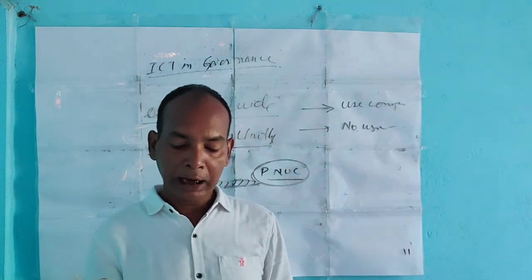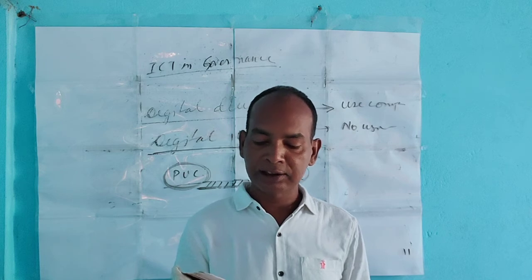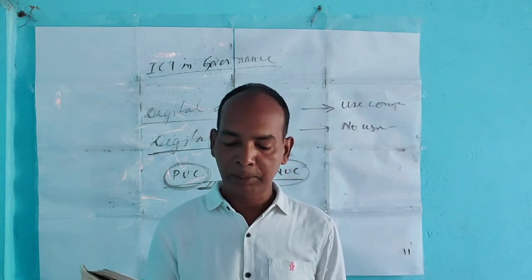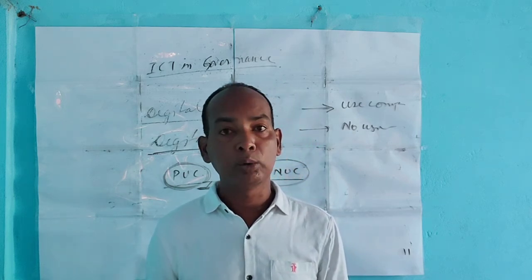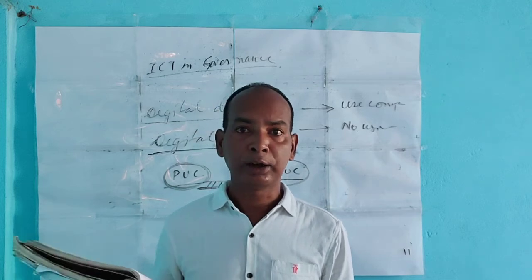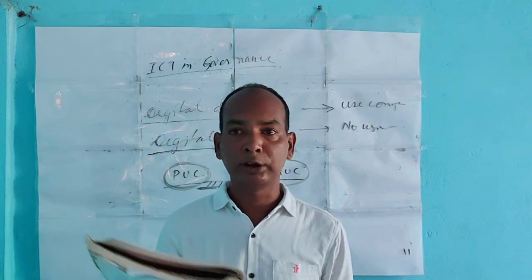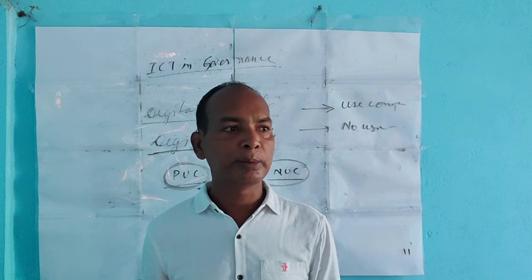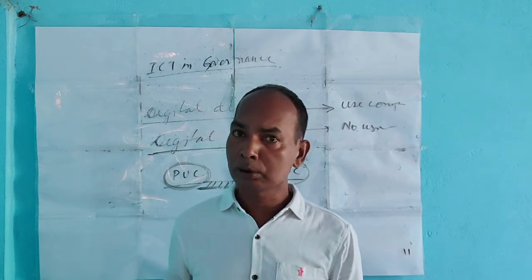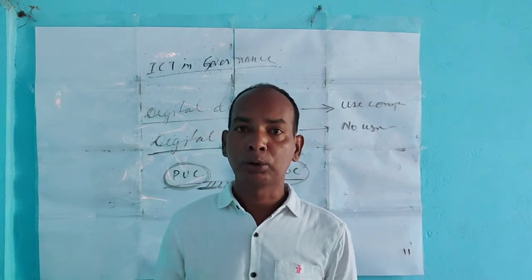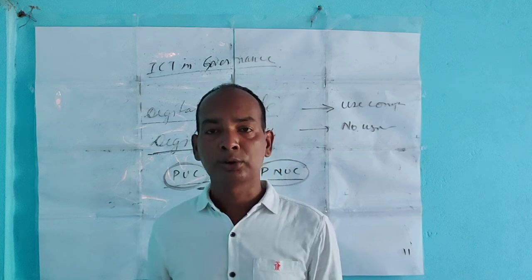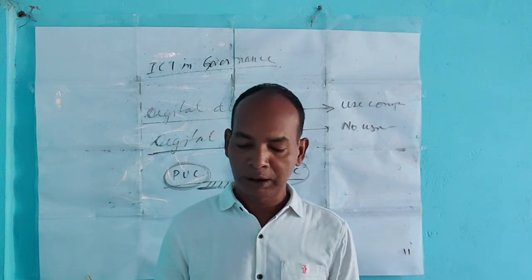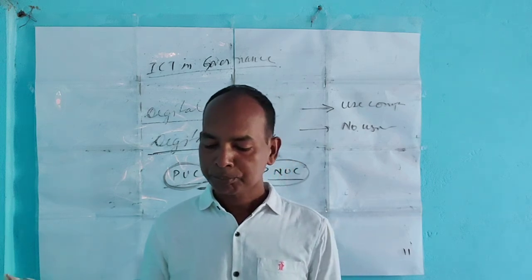Second, if you can help someone to learn computers, assist them through demonstrations and by taking computer classes at regular intervals. If you know that in your area there are many people who do not know computers, you can go to them and teach them at regular intervals. So these steps can be taken by the student, by you.